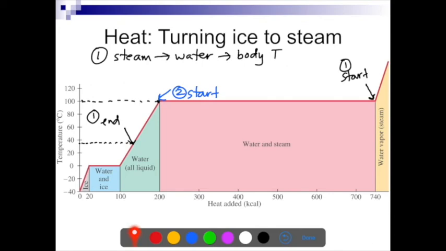And then that boiling water will cool down to the temperature of the skin. So this will also be the end point for the second scenario. It will be the same as the end point of the first scenario. And the second scenario is you have water cooling down to body temperature.